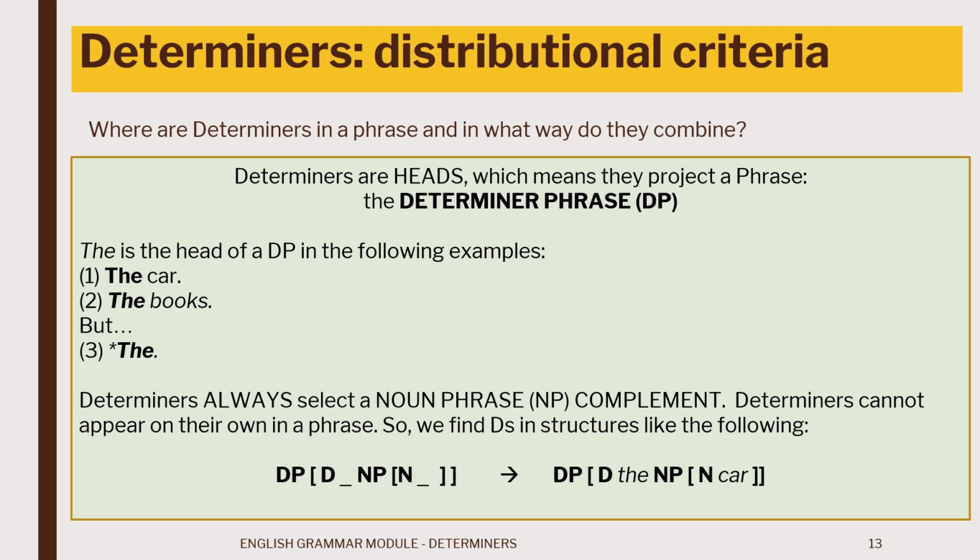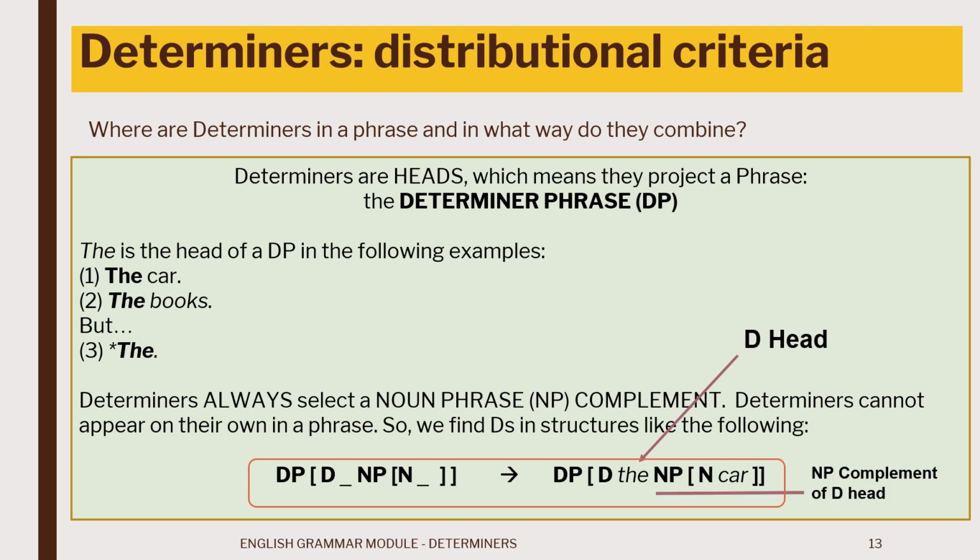And so if we analyze the determiner phrase the car, we know that the is a determiner head, and the NP car is an NP complement. All right, it is a complement of the head. This has to be clear.